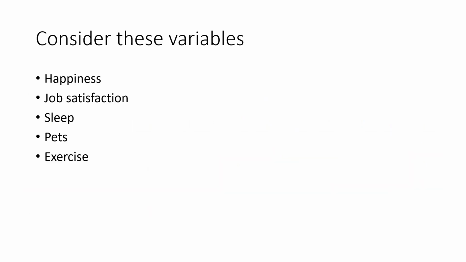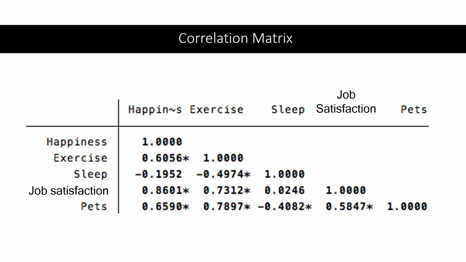Now consider these variables: happiness, job satisfaction, sleep, pets, number of pets, and exercise. Which ones would you think would be positive? Which might be negative? Let's look at the correlation matrix. Here we have one that looks a little bit different. Here we have our 5 variables listed down and across.